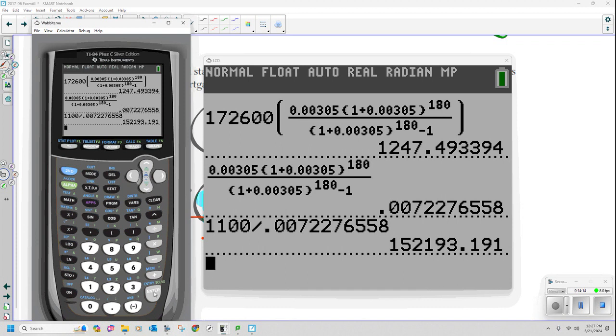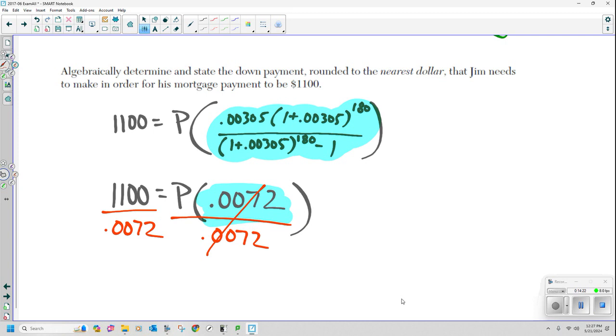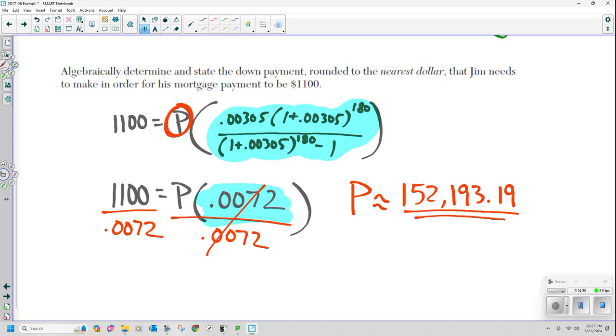I said 150,000. $152,193.19. So my P needs to approximately be $152,193.19. This is what my P value needs to be in order to have a payment that's $1,100.